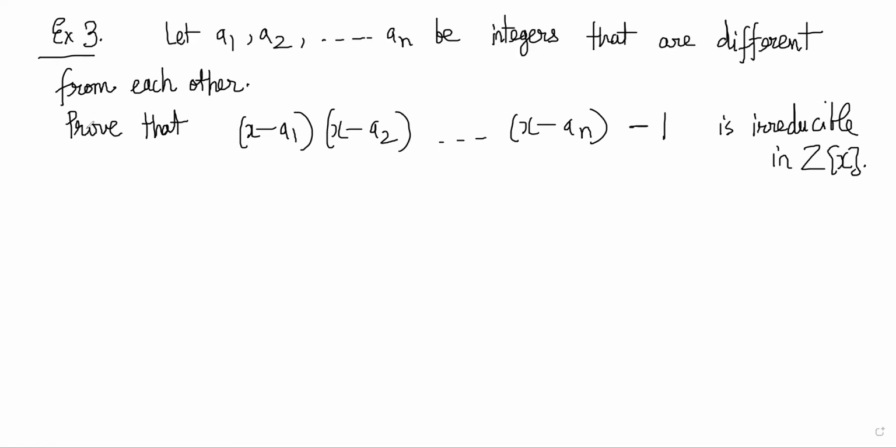Okay, so what we will do here is we have to prove that this is irreducible. We'll try to do a proof by contradiction. This is the standard approach that you should take in problems like this.